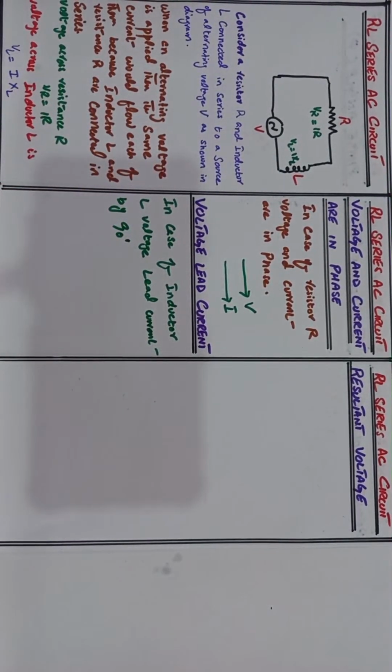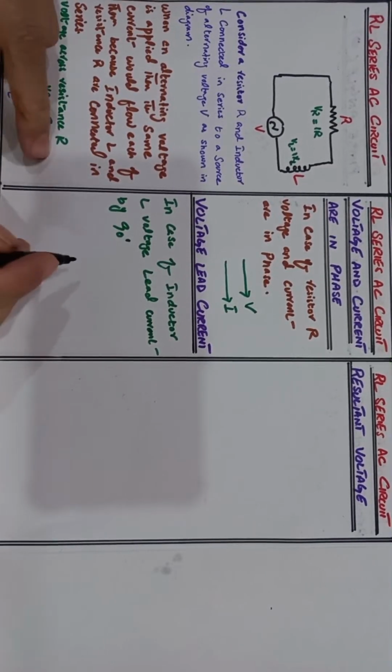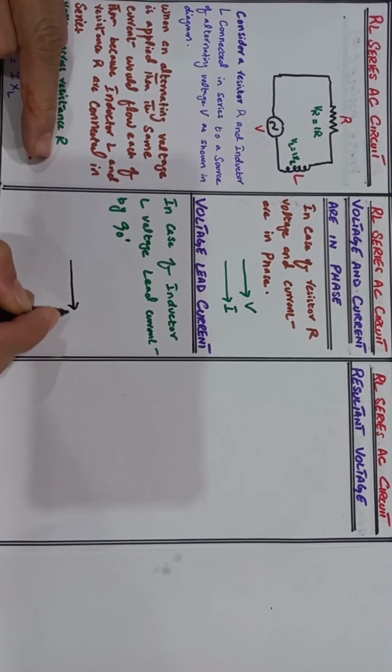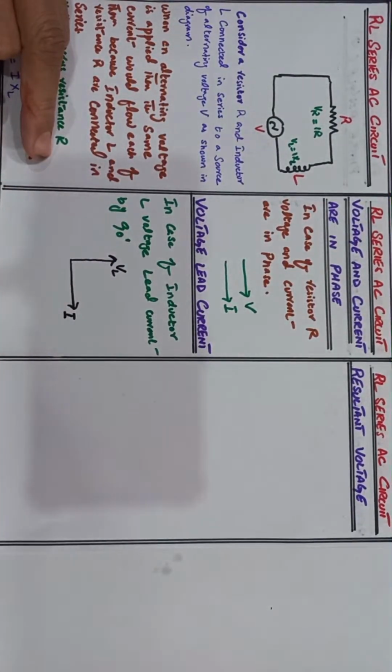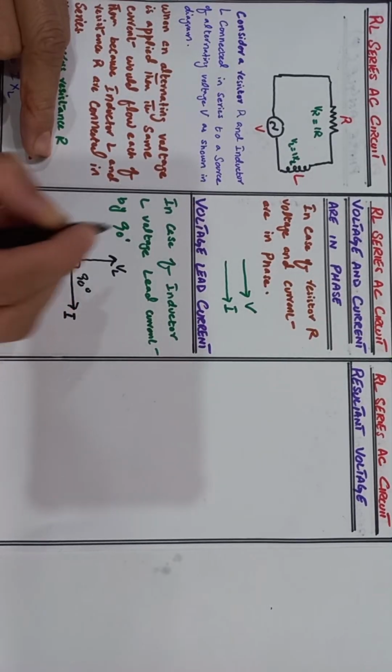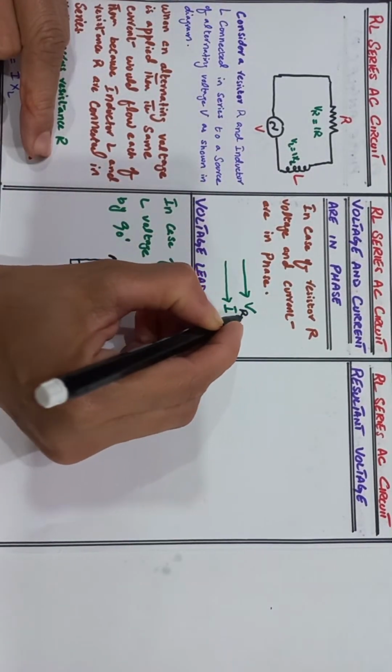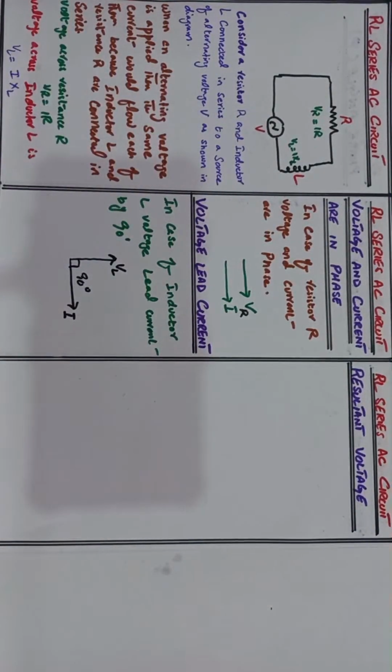If we take the current on the horizontal reference axis, then the voltage leads the current by 90 degrees. So here is the voltage of the inductor that leads the current by 90 degrees. This is the voltage of the resistor, denoted by VR.